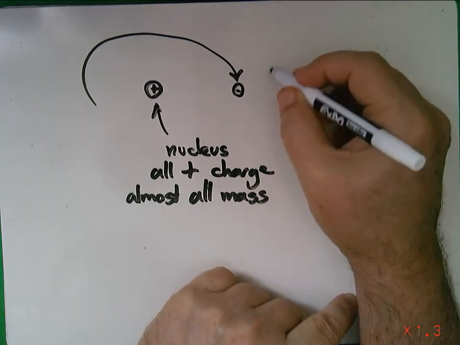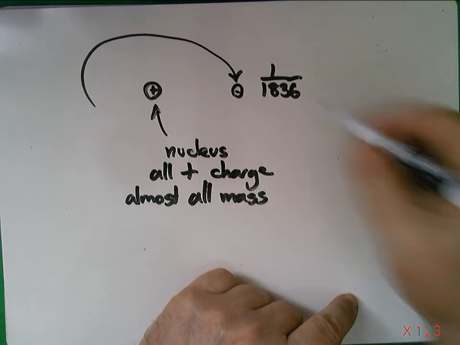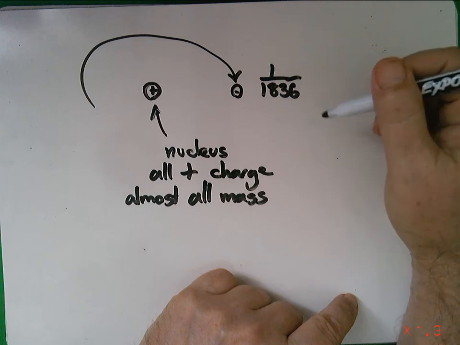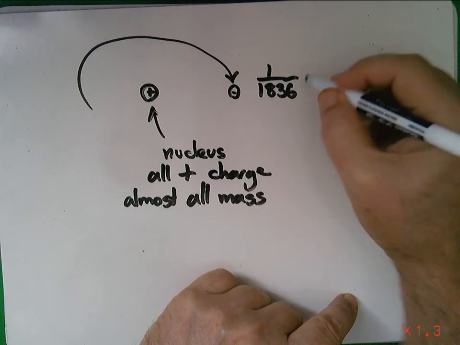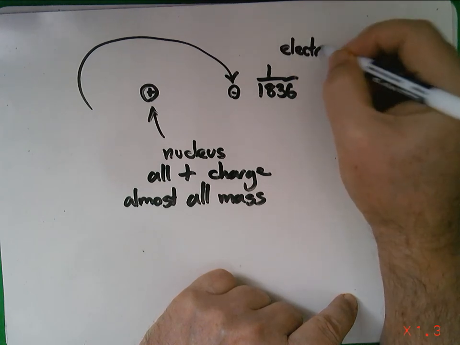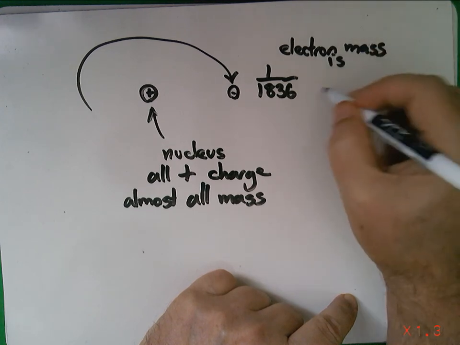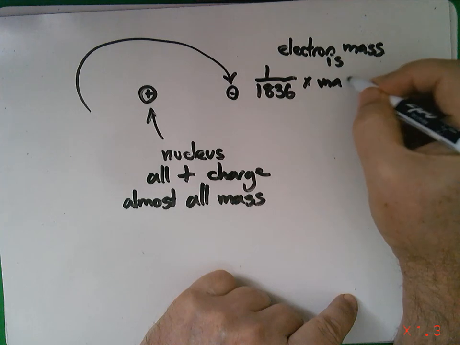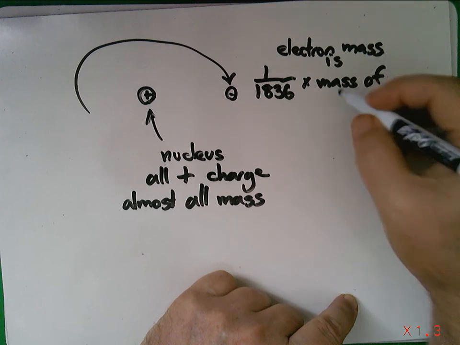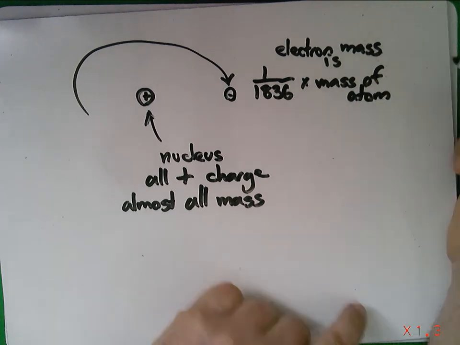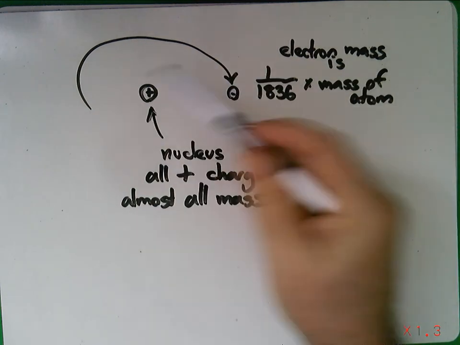The electron is 1/1836th of the mass of this nucleus in the center. And almost all of the mass of the atom is the mass of the nucleus in the center. So this weighs practically nothing, and it's roaming around in the empty space here.